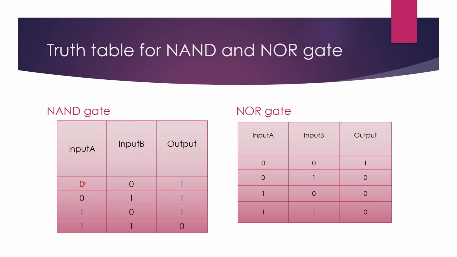But in NAND gates, we are going to get 1 as long as both of the inputs are not 1. Sorry, it cannot have both ones, right? And in the NOR gate, it's totally opposite. It means if I get any one, the output is off. NOR is basically the opposite of OR, and NAND is the opposite of AND gate.